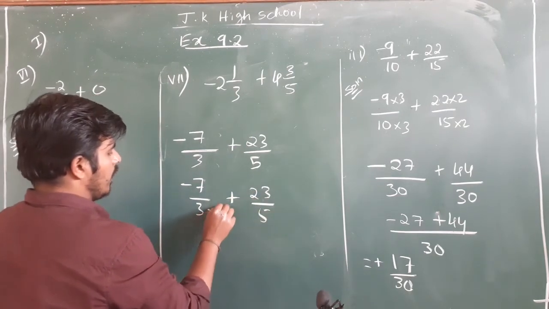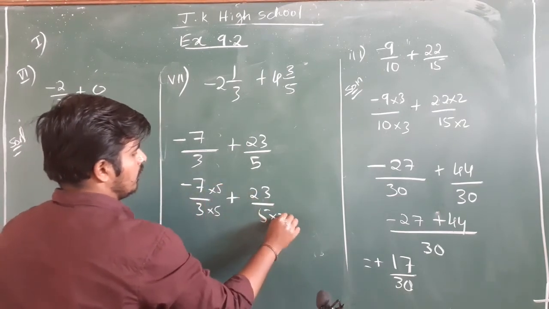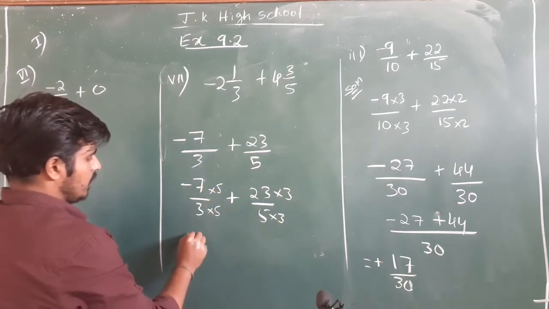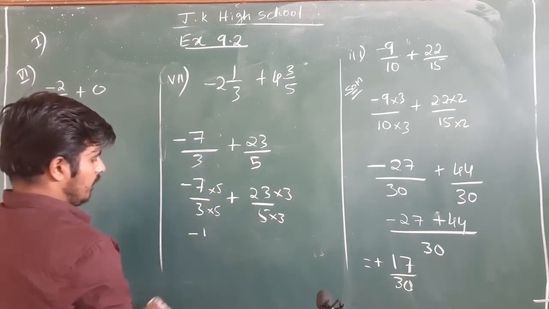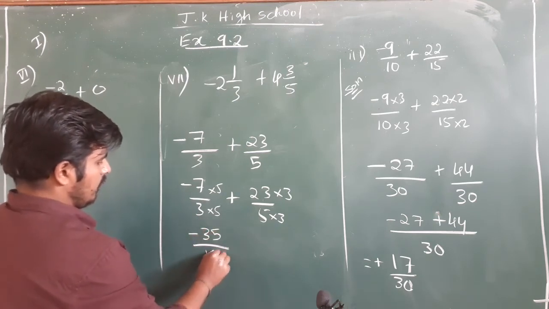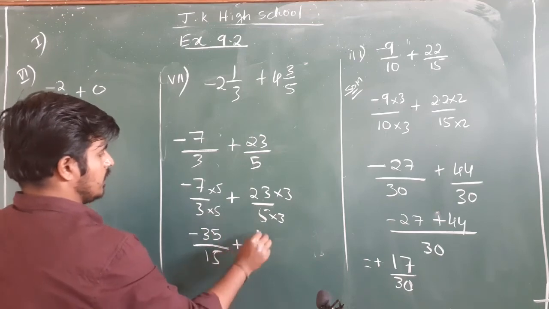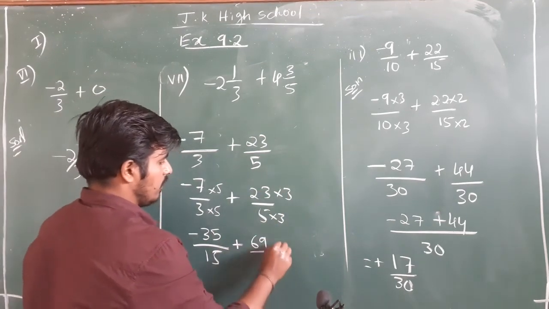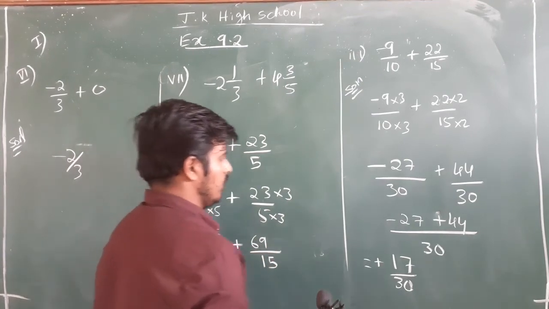I will multiply 5 here and 3 here. What I will get: minus into plus, minus 35, plus as it is, 23 3s are 69 by 15, right?